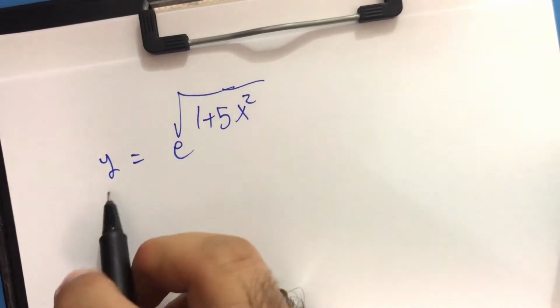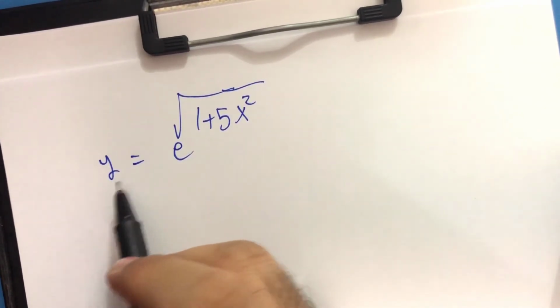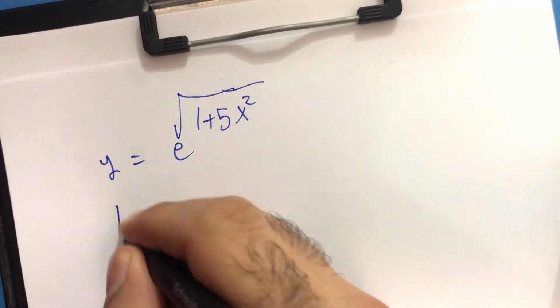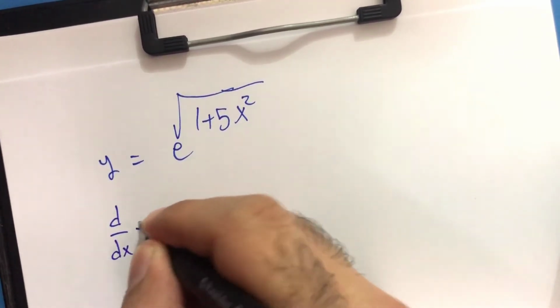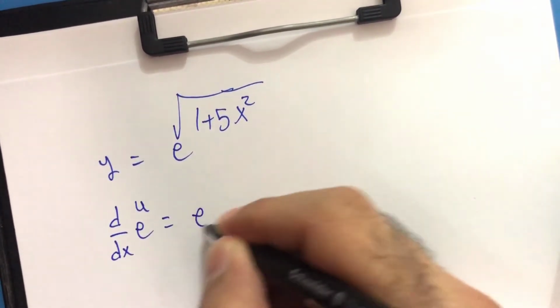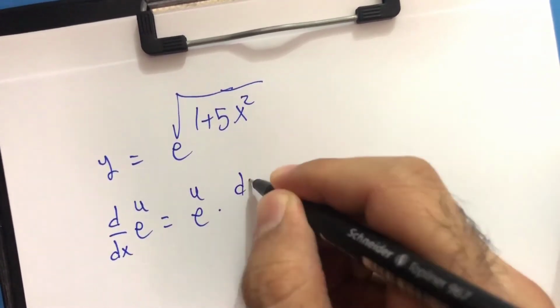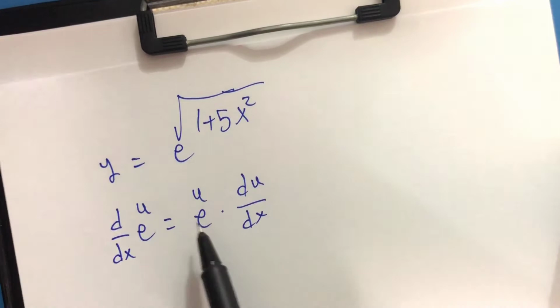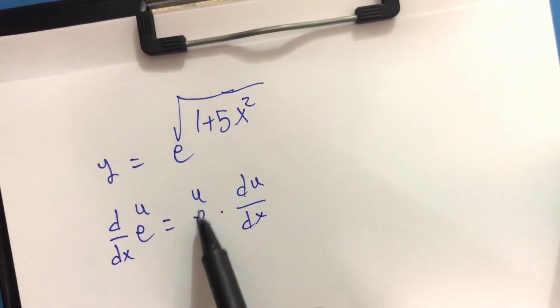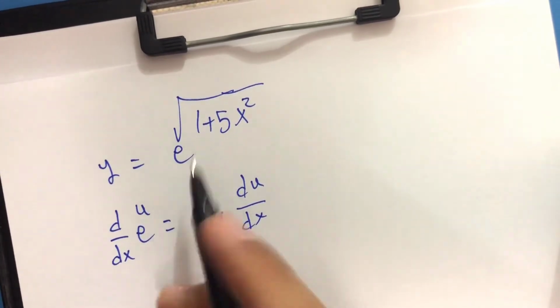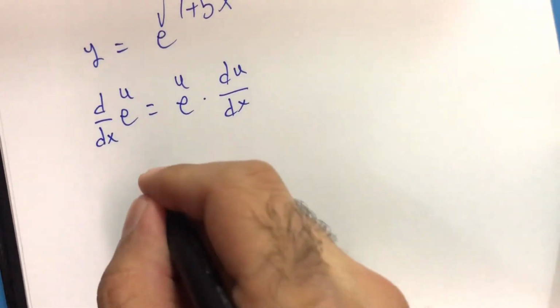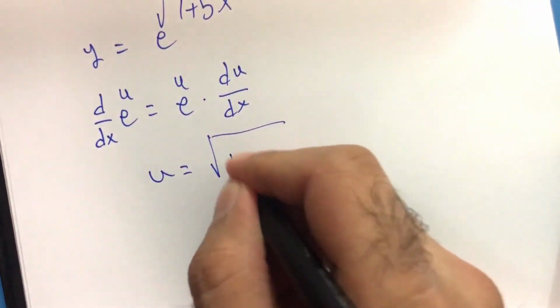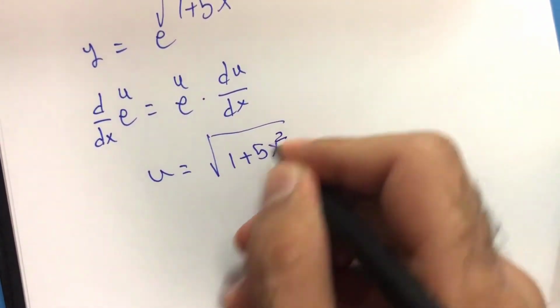Actually, first let us write the law of the derivative of the exponential function, which is d by dx for e to the power u is equal to e to the power u multiplied by du by dx. Now let us explain the following. We know that this is e, and the function u is nothing but the square root of 1 plus 5x squared.